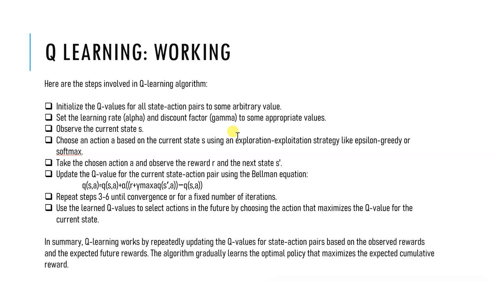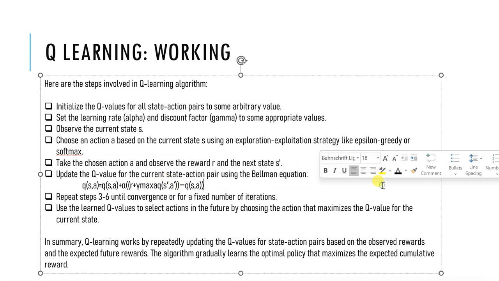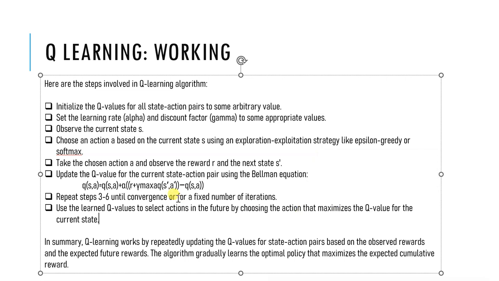After that we will update the Q value for state-action pair S, A using the Bellman equation, the equation that you have seen there as well. Okay, it should be A dash. So after this, all the information you already know: alpha is basically the learning rate and gamma is the discount factor.